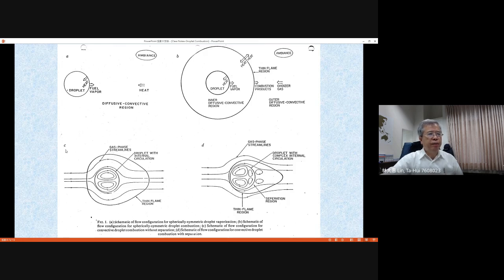You can see the schematic diagram of the flow configuration for convective droplet combustion. If you assume there is no combustion initially, you can see the flow stream diverge, then move along the side surface of the droplet, then move to the downstream side.